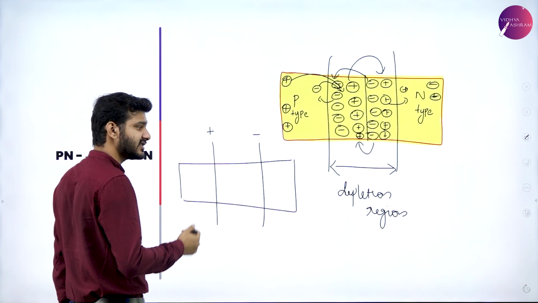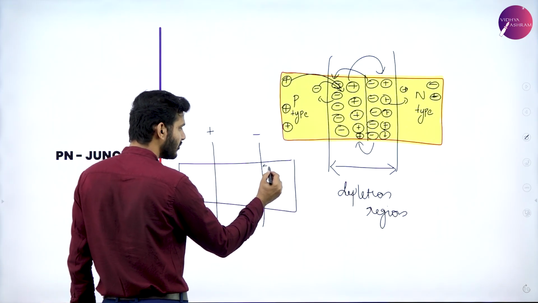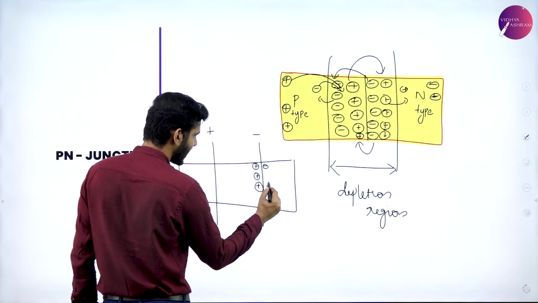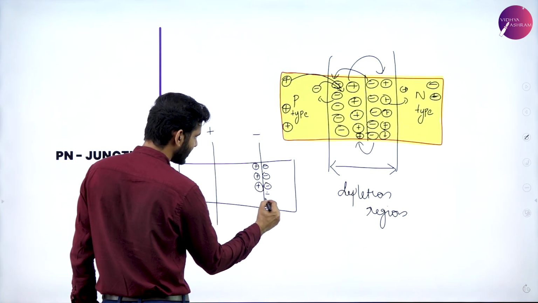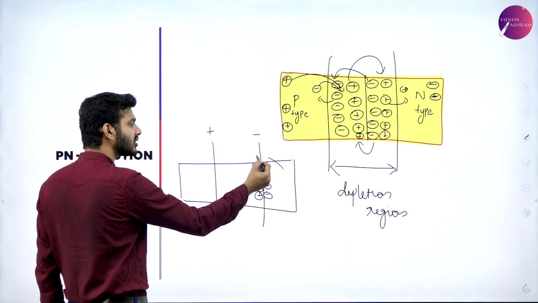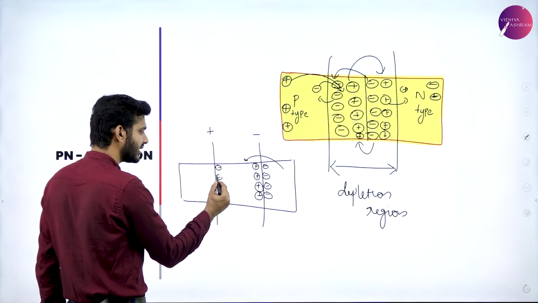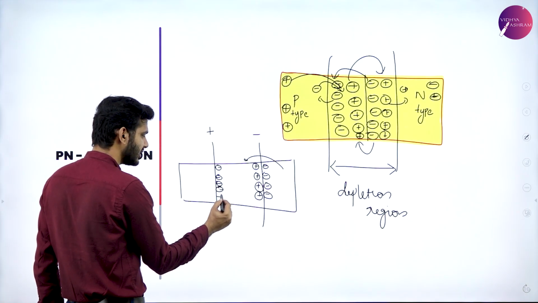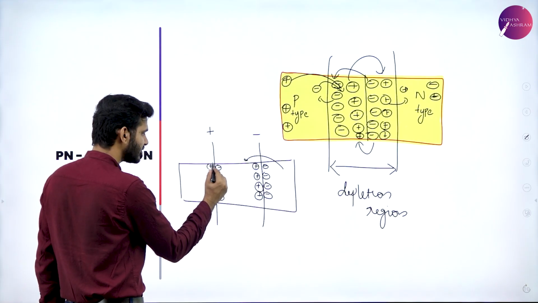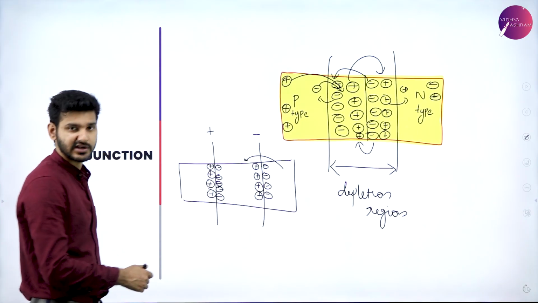For example, when the electrons have crossed over, the positive and negative charges here will form a barrier like this, so that no further electrons can enter here. Just like that, here also the negative charges and the positive charges will form a barrier, so that no further positive charges can cross this particular barrier.